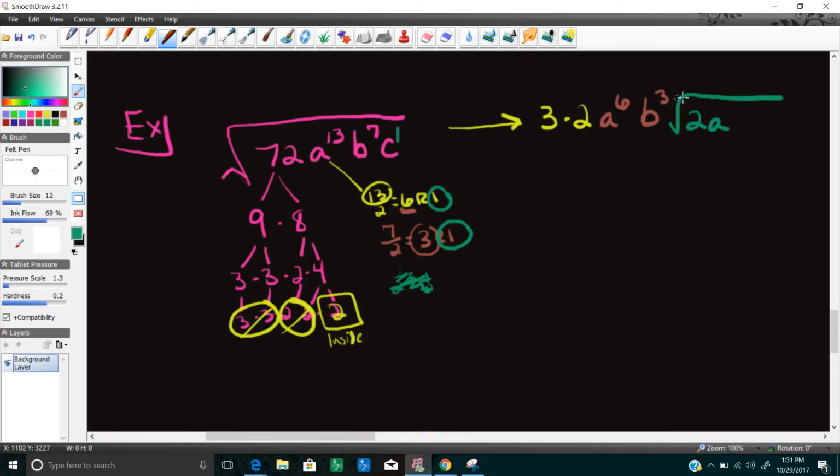We have 1b. And then the c, there was nothing to divide, so we still have the c. So my final answer will be 3 times 2 is 6, a to the 6th, b to the 3rd, square root of 2abc.